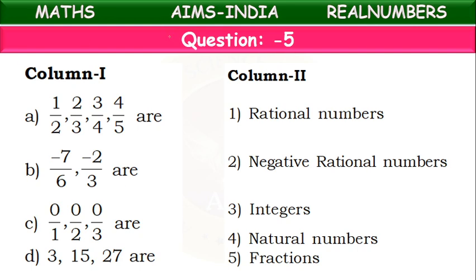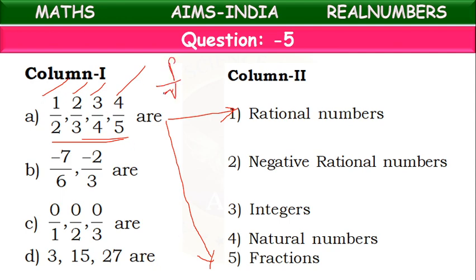Next, another matching set: 1 by 2, 2 by 3, 3 by 4, 4 by 5. We can call them rational numbers or fractions, because rational numbers are p by q, where p and q are integers, so they can be positive or negative.